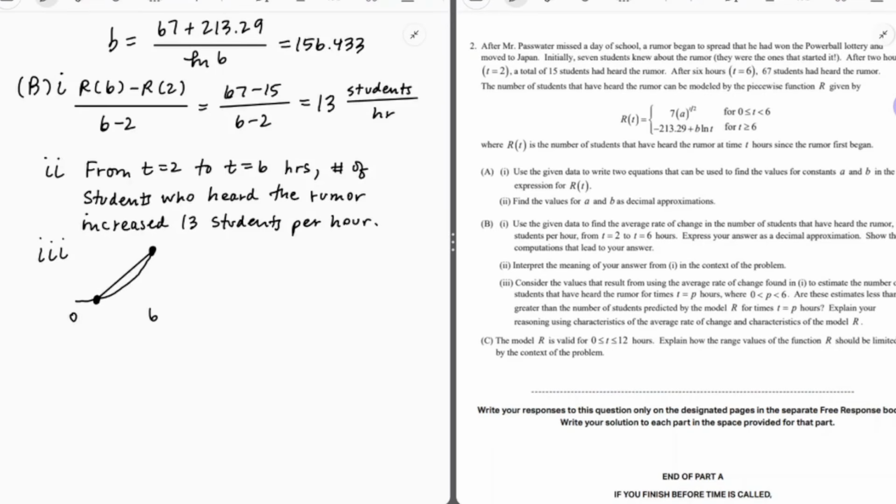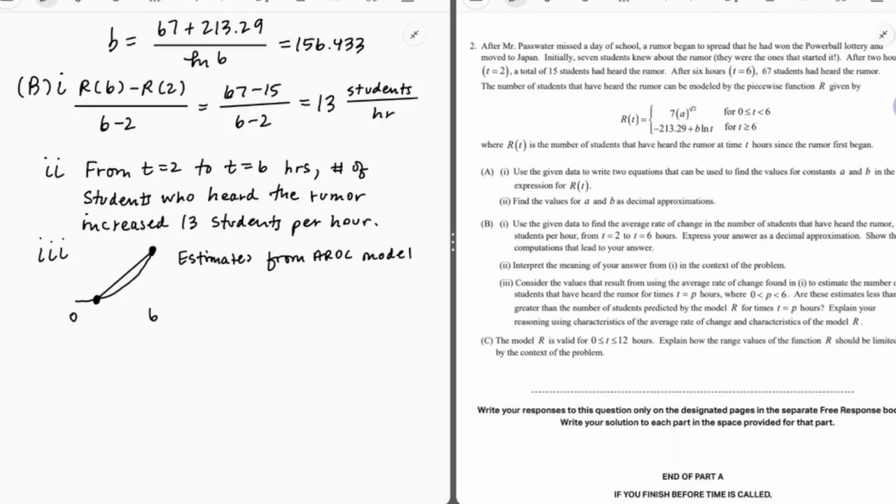To estimate the number of students, are these estimates less than or greater than the number of students predicted by model R? Well, I would say these estimates from average rate of change are going to be greater than the number of students predicted by R, because the graph of R is concave up, right?